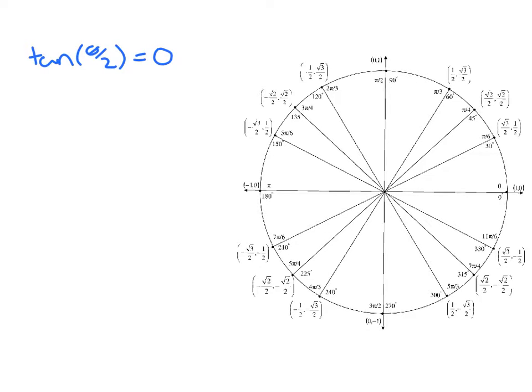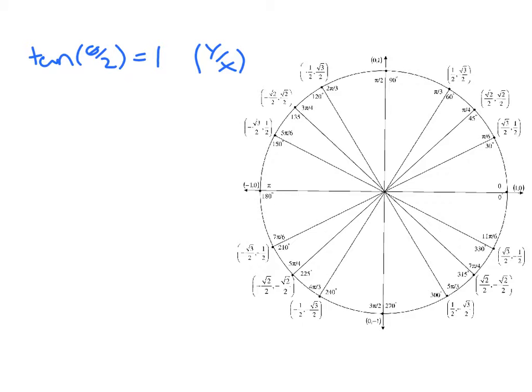Now remember that tangent is equal to sine over cosine, which on the unit circle is y over x. Sine is given by the y-coordinate for each of these points on the unit circle, and cosine is given by the x-coordinate. So here's your sine over cosine, and we want that ratio to equal 1.